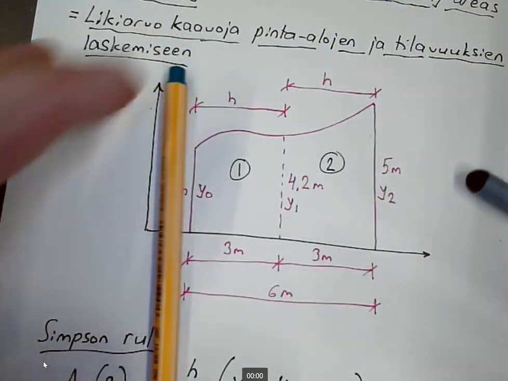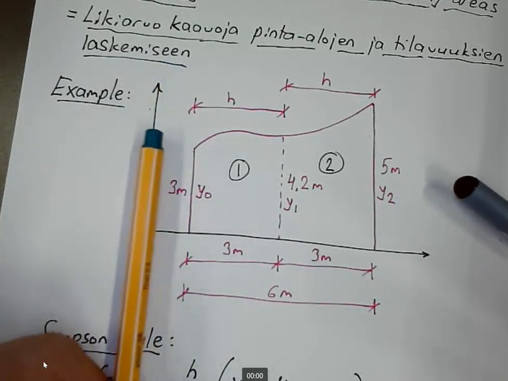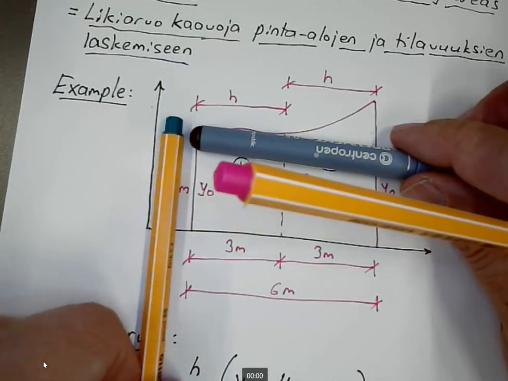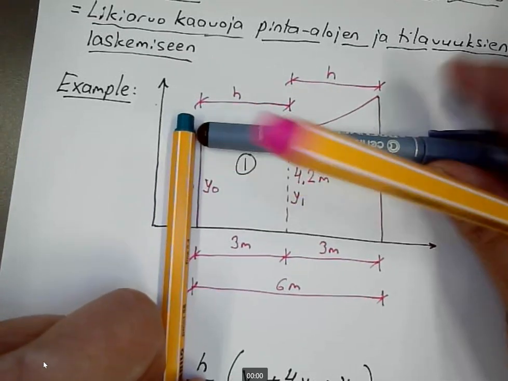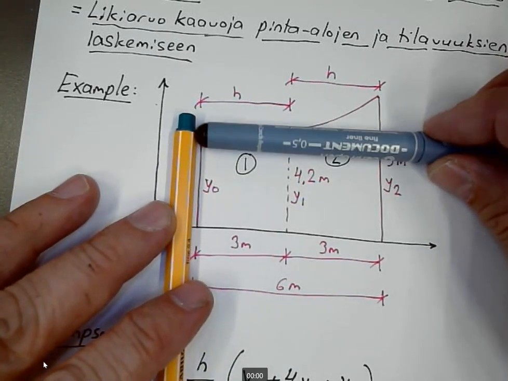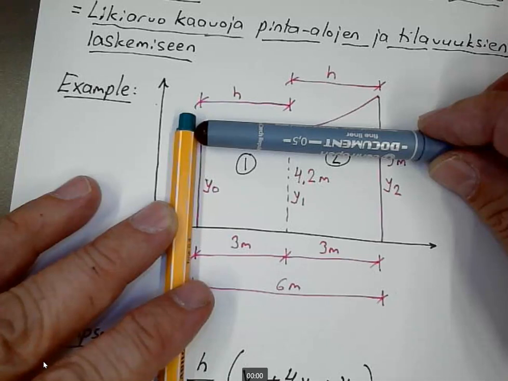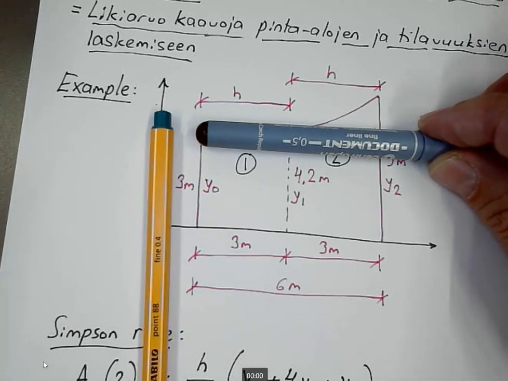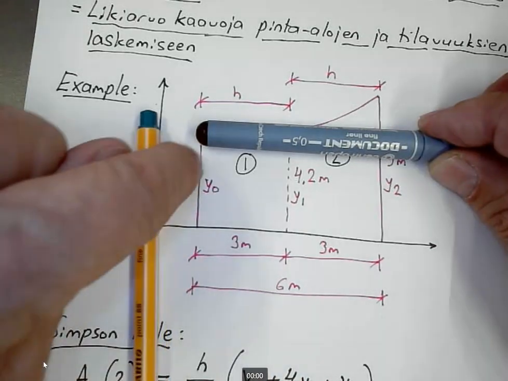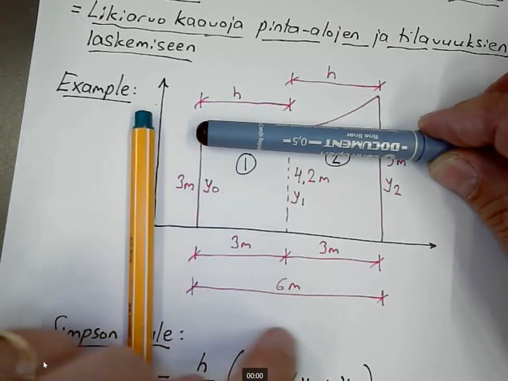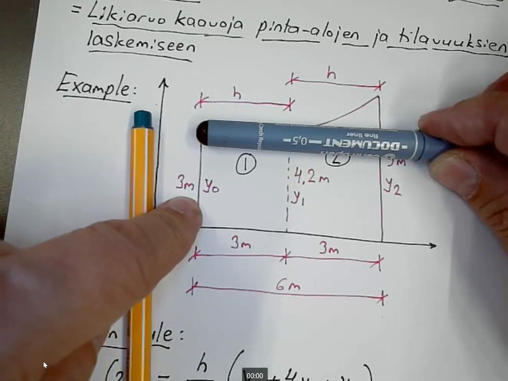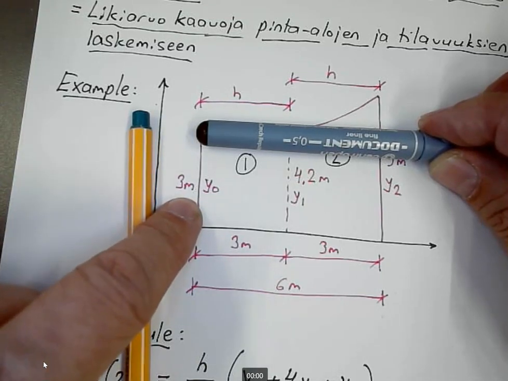And also, if we think that this would be this kind of rectangle, if we divide it in this height, in that case the base is 6 meters and the height is 3 meters. 3 times 6 is 18 square meters.